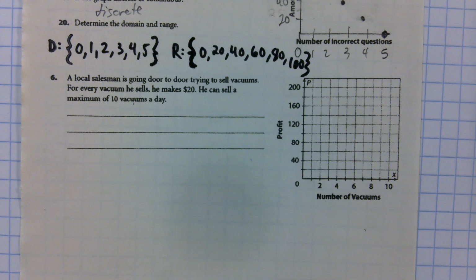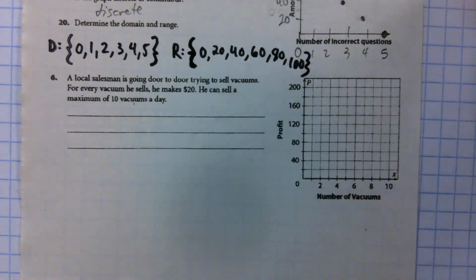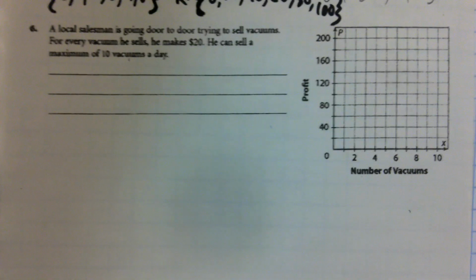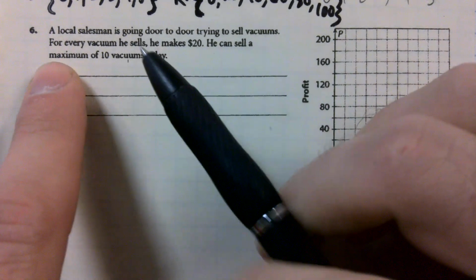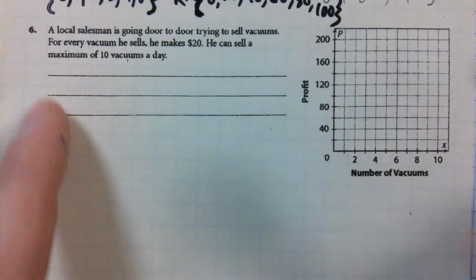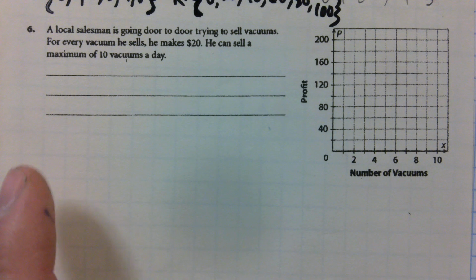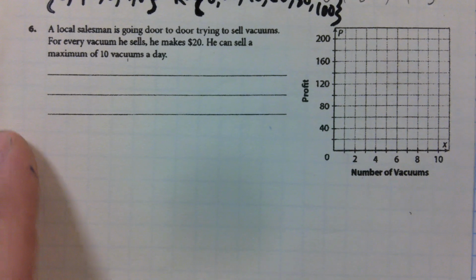Alright, looks like we're all on the same page, so let's take a look. Alright, so you're going door to door selling vacuums. Hopefully you never find yourself in this scenario. For every vacuum you sell, you make $20. You could sell a maximum of 10 vacuums a day. What's the minimum number of vacuums you could sell? 0. That's right.